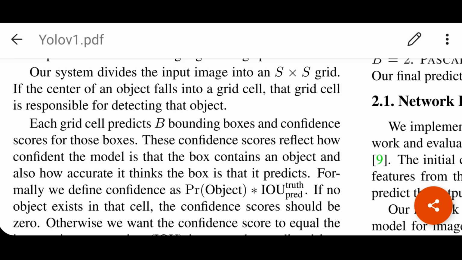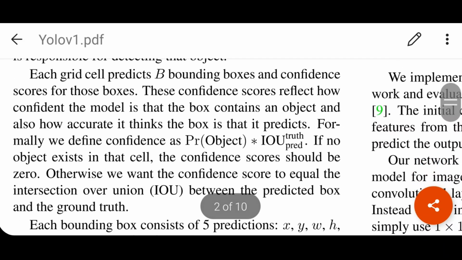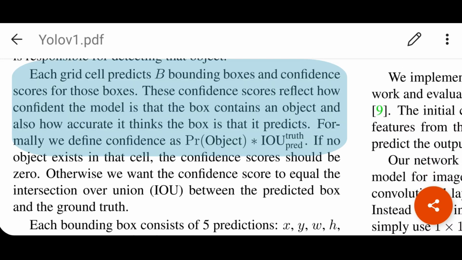And in the next versions, YOLO version 1 we are discussing today, in the next versions they will change a little bit. They will add anchors. But we don't care right now. Each grid cell predicts B bounding boxes. B usually is 2. In the same grid, only 2 objects can exist.